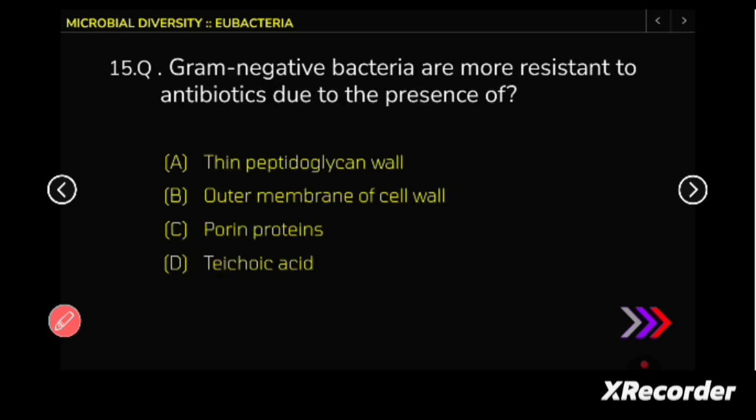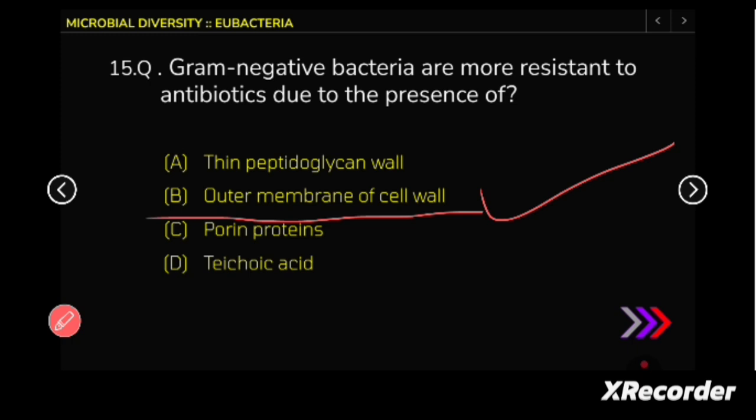Question number 15. Gram-negative bacteria are more resistant to antibiotics due to the presence of: A. Thin peptidoglycan wall, B. Outer membrane of cell wall, C. Porin proteins, D. Teichoic acid. Answer is B, outer membrane of cell wall.